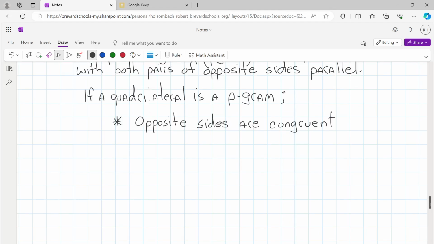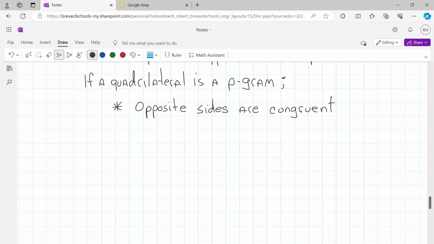So if a picture of it would look like parallelogram ABCD.